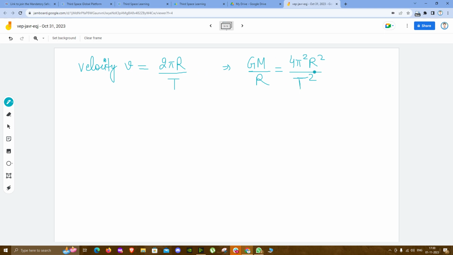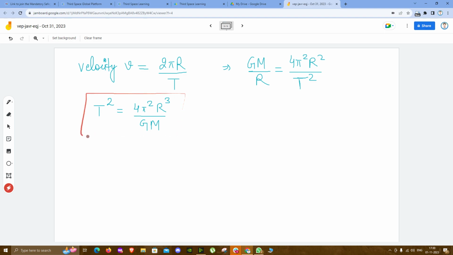Now you can remember the time period formula. So T square will be equal to 4 pi square r cube divided by GM.